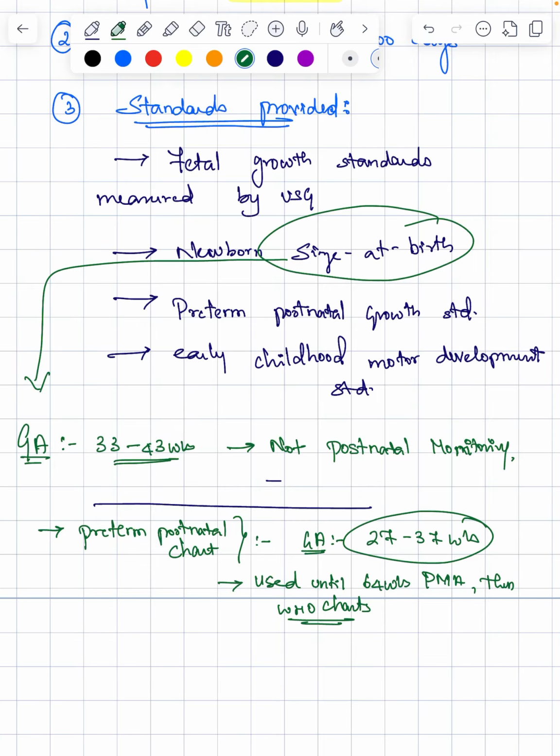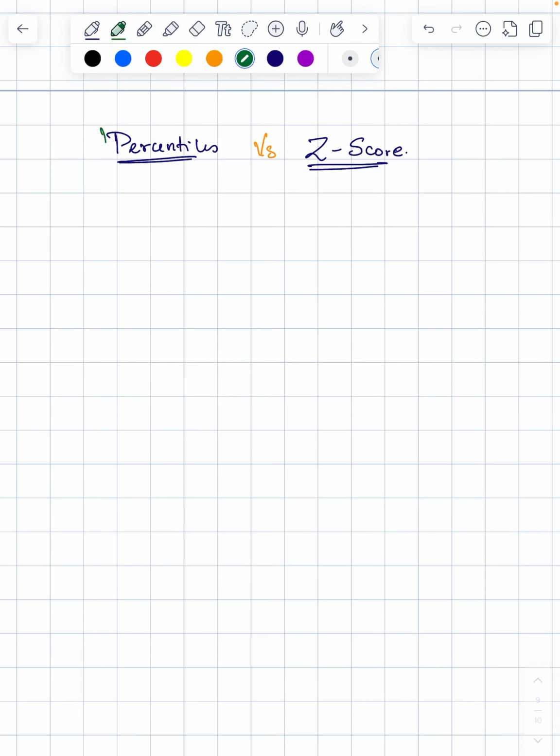Next is the difference between percentiles and Z-score. So what is percentile and what is Z-score? The percentile describes the rank position of an infant in a reference population.